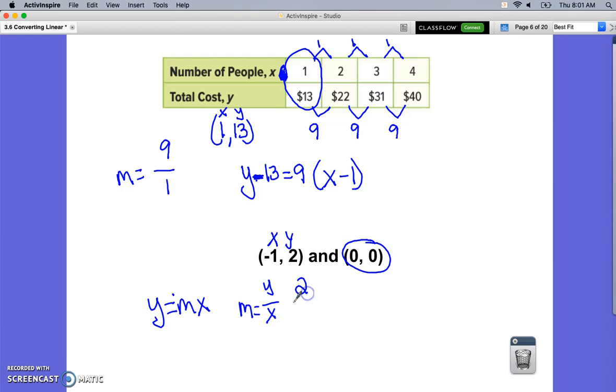It would be 2 over negative 1. So my equation would be y equals negative 2x, because 2 divided by negative 1 is negative 2. Every time you multiply your x by negative 2, negative 1 times negative 2 equals 2, and that would be correct.